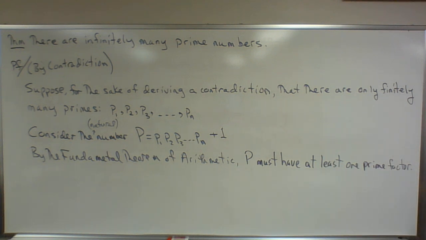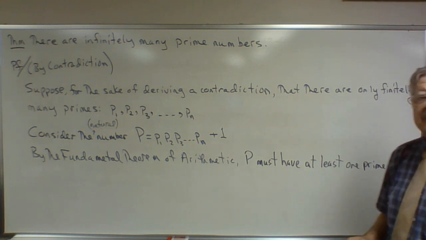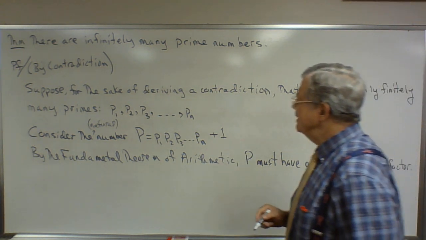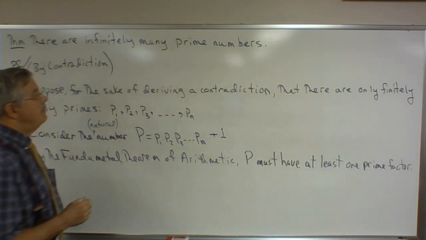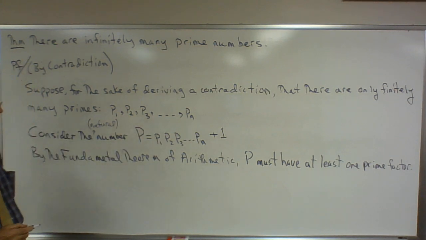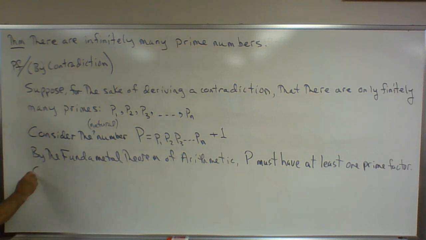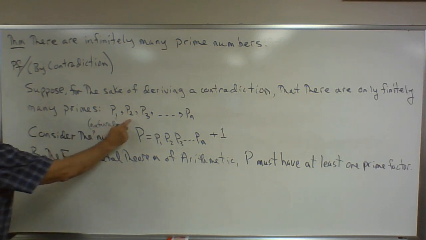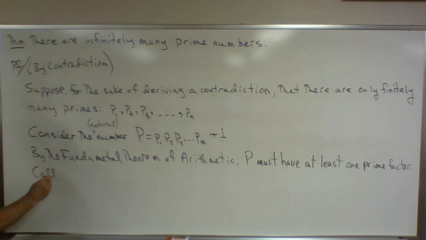By the fundamental theorem of arithmetic, P must have at least one prime factor or divisor. Well, wait a minute. By our hypothesis, these are all of the primes that exist. So that prime factor must be one of these n factors, and we'll call it P sub i.